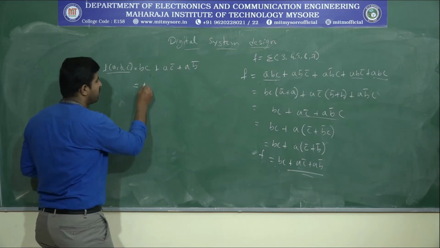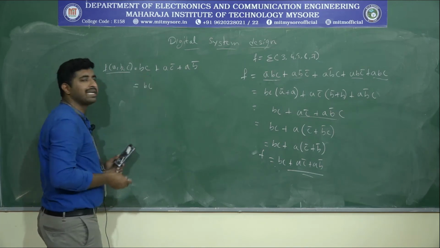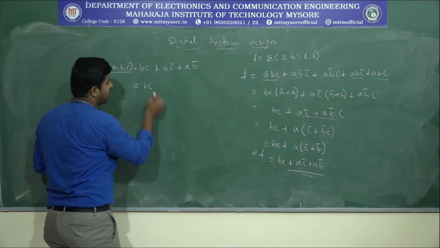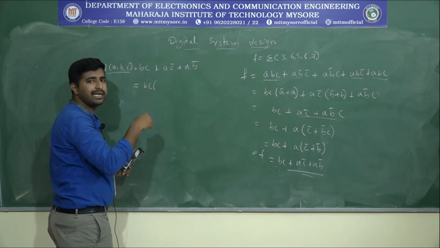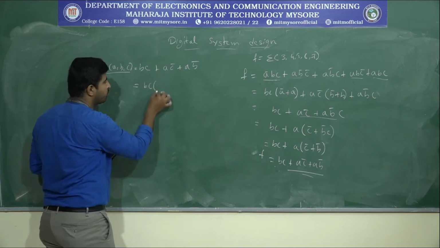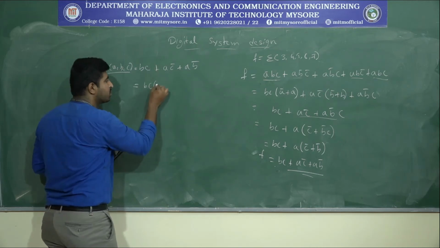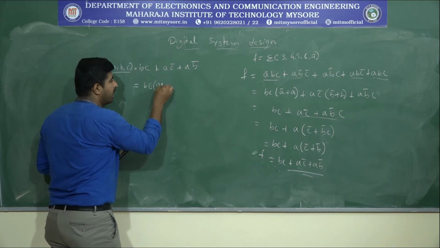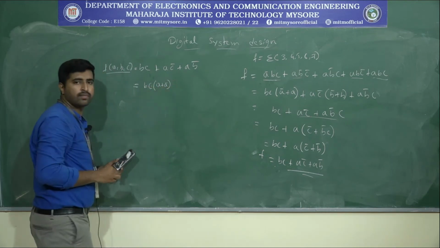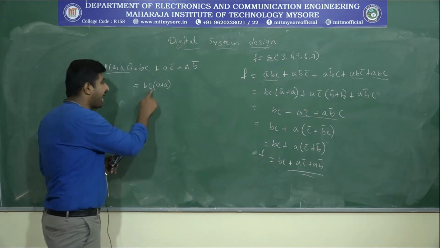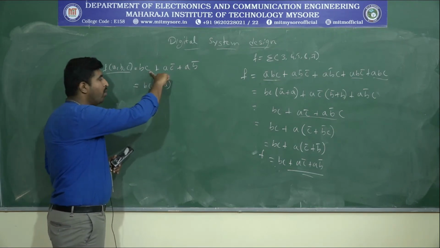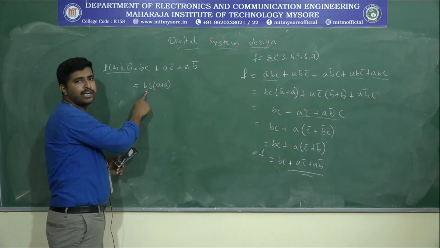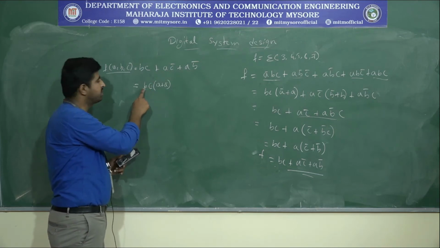The missing variable is ANDed with its corresponding complement. Here the missing variable is A, so we need to AND with A plus A bar. The missing variable with its complement will be ANDed to the particular individual term.